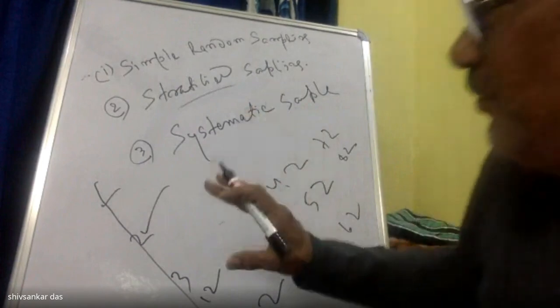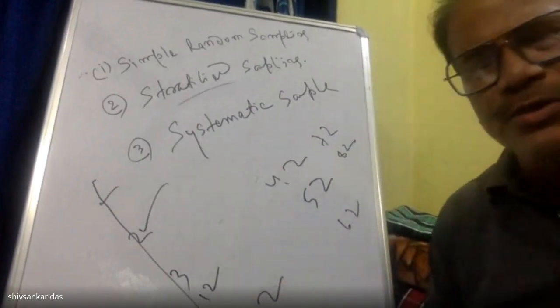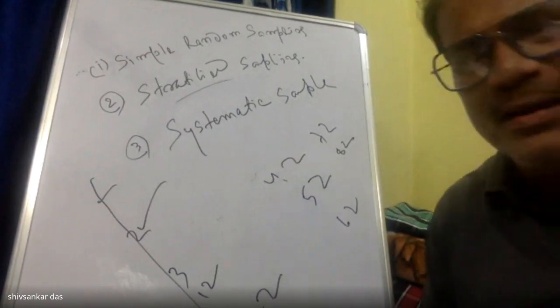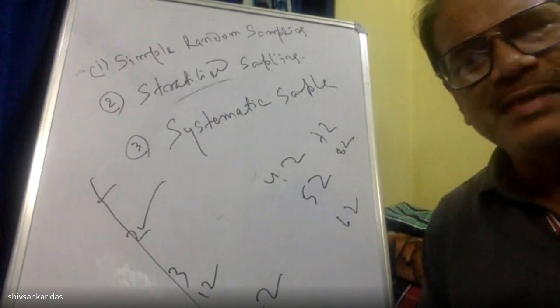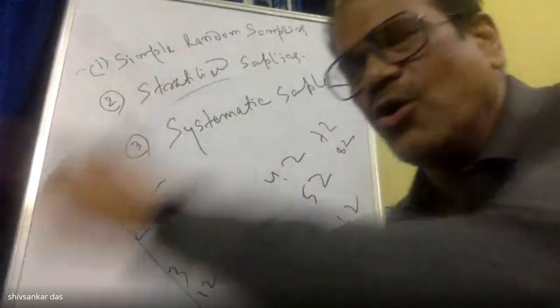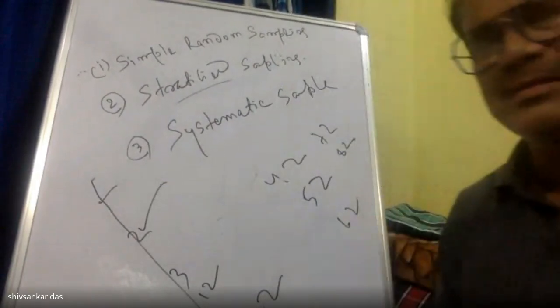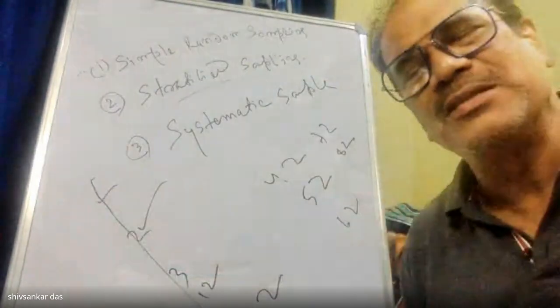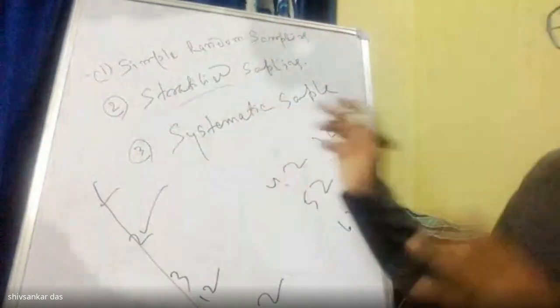So this is systematic sampling. Or in the case of a colony, the first house of lane number 1, first house of lane number 2, first house of lane number 3, or the last house of lane number 1, last house of lane number 2. You can mention like this. So there will not be bias in selection of the sample.